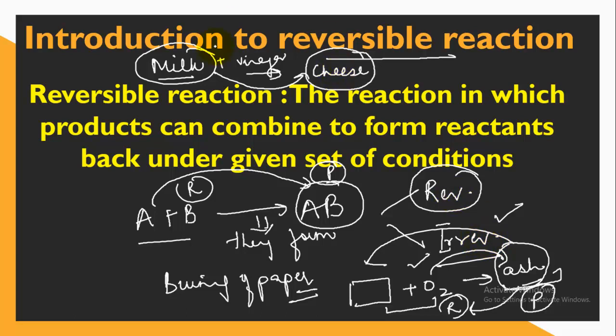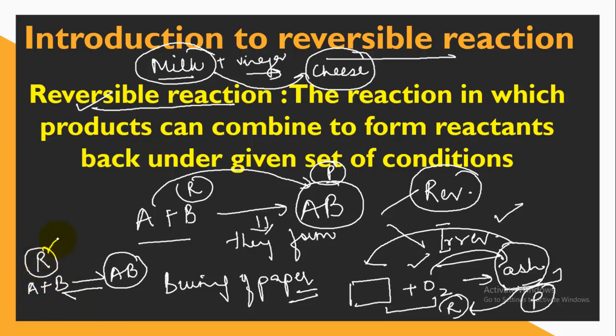They cannot be reversed. But we come across a few reactions that are reversible. Reversible means that if I have reactants, I can convert them into product, and I also have a process by which I can convert this AB back into reactants. So in this case the reactants are the starting substances when we consider the forward reaction and AB is the product.